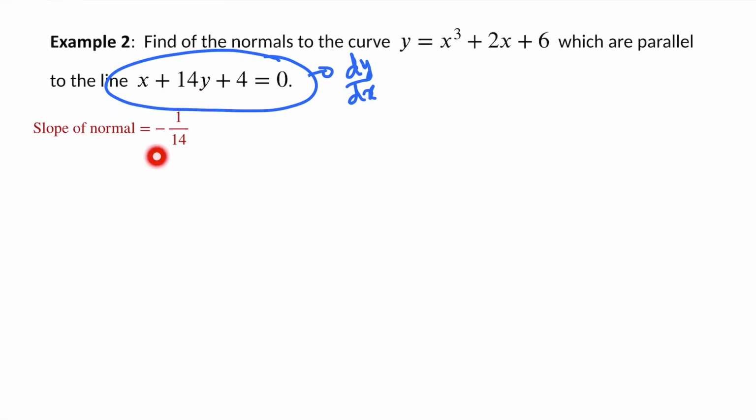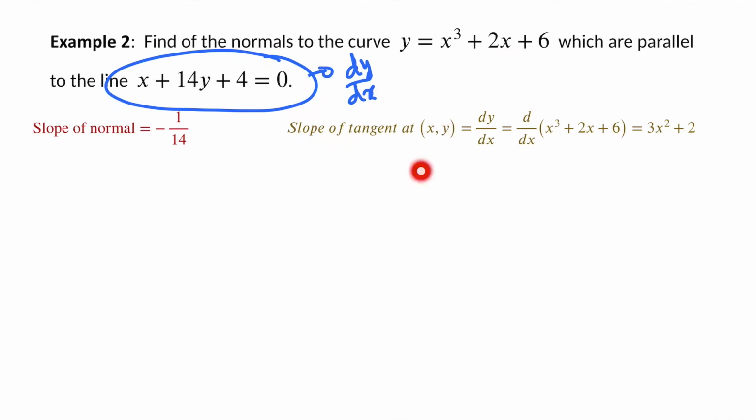If you do that, you would get pretty quickly the slope of this line. So the normals have the same slope that's given to us, and we know that the slope of the normal is minus 1 by the slope of the tangent. So we will also derive the slope of the normal from the equation of the curve. For that, first let us get the slope of the tangent at a generic point x y, and that's dy by dx.